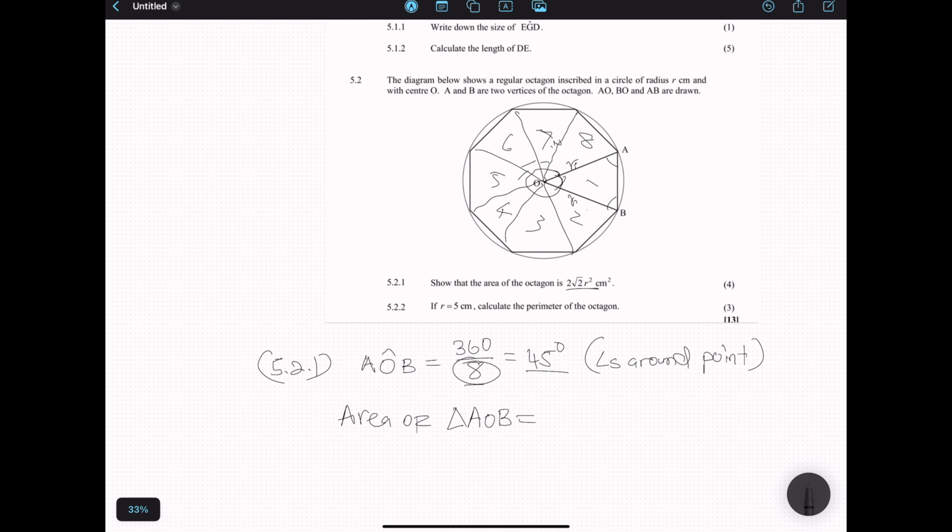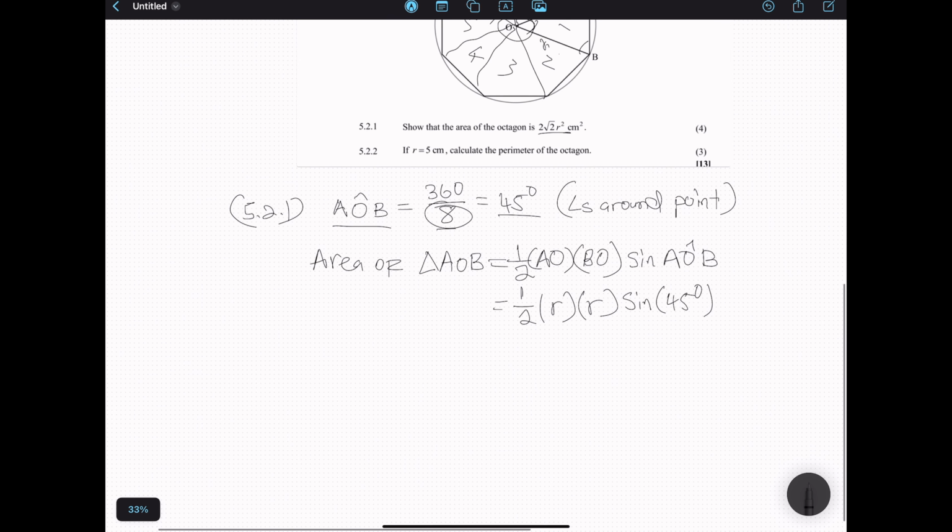The formula is 1/2 times OA and BO times the sine of the angle in between, which is AOB. That equals half into r squared, the sine of 45 degrees.